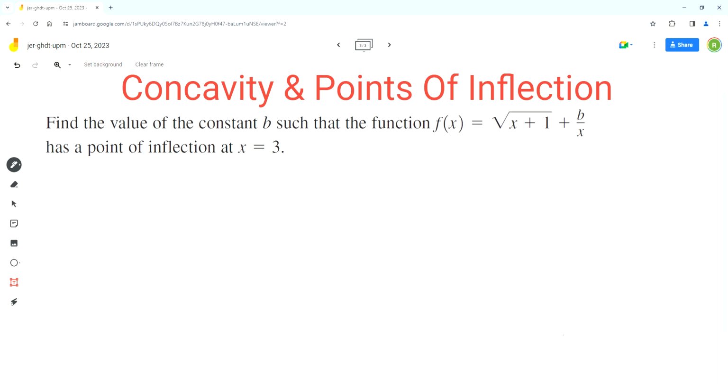So our first step is f of x equals, so we can change the radical into a rational exponent 1 over 2. And in the second term, we can move the x to the numerator and its exponent becomes -1.